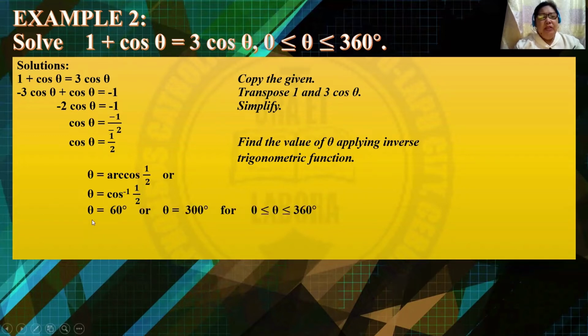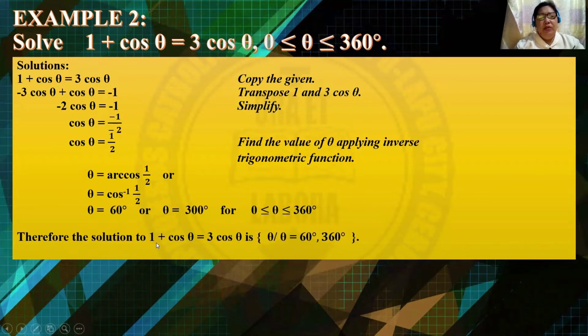Therefore, the measure of the angle is 60 degrees in the first quadrant, or you can have 300 degrees in the fourth quadrant. Again, the solution to the given trigonometric equation is the set of theta such that theta is equal to 60 degrees and 300 degrees.